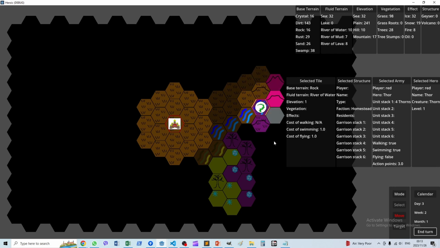Alright, so the cost of swimming onto these river tiles, so this is river water which changes to river of mud. The cost of swimming on these tiles is 1 action point. But because of a newly implemented ability to flow, which reduces the cost of movement, we are able to move across 3 tiles using 1 action point rather than 1 tile using 1 action point.